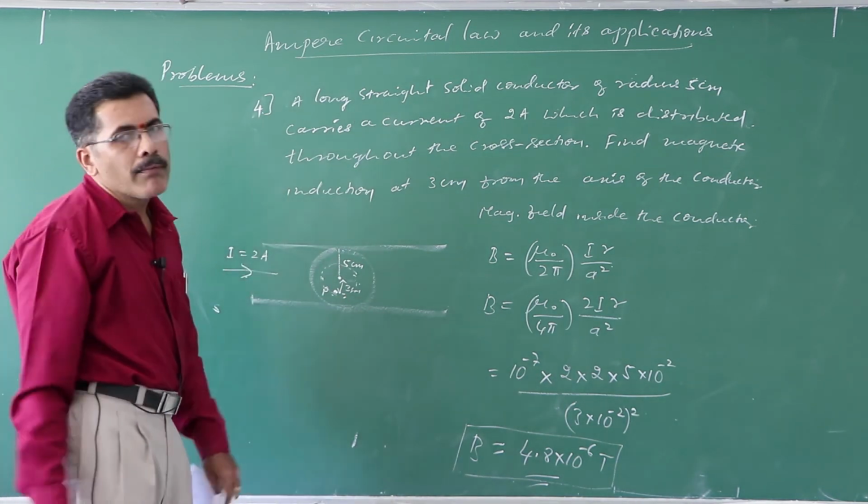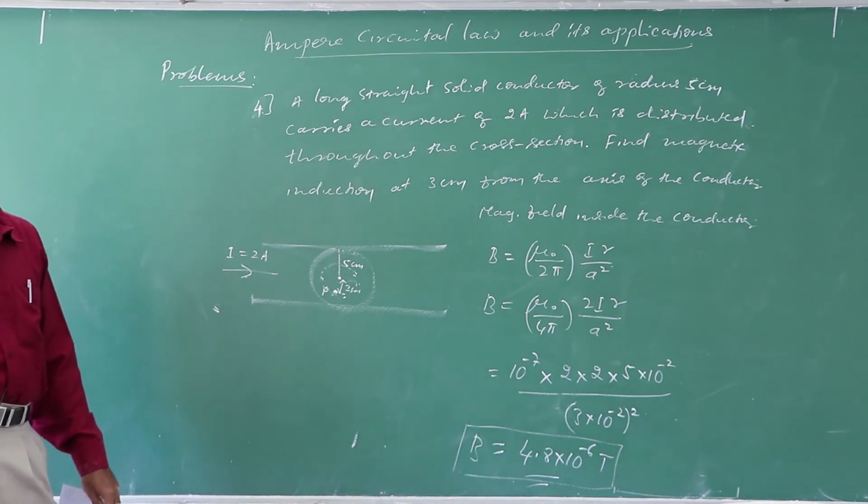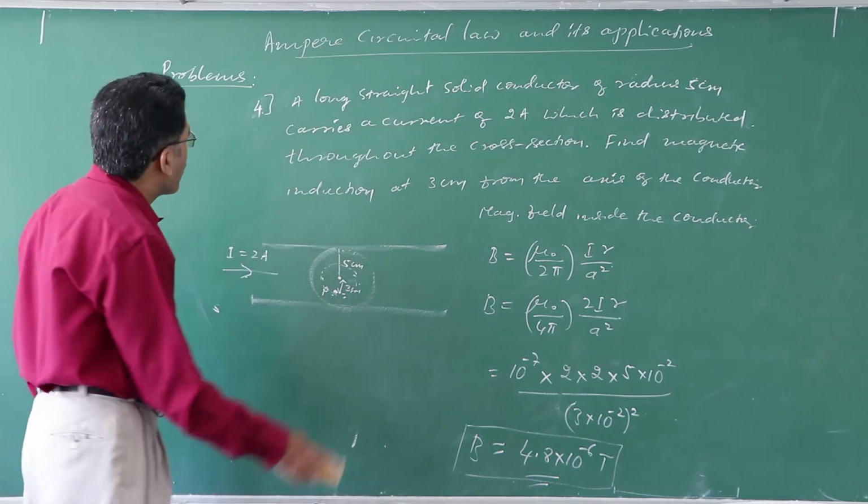These are all the problems related to magnetic field due to a current carrying wire. Now let me take up solenoid and toroid.